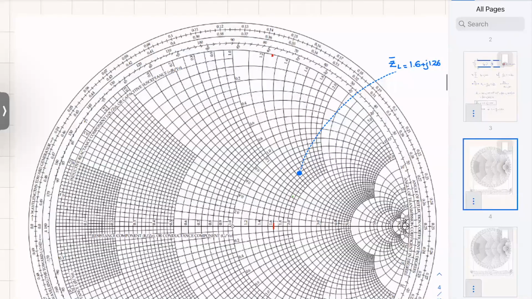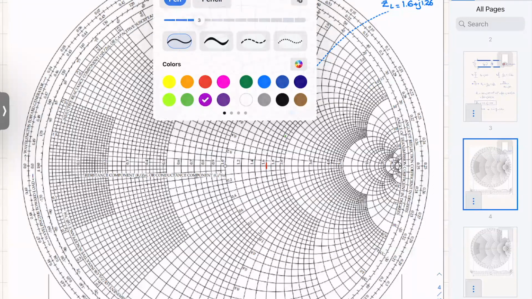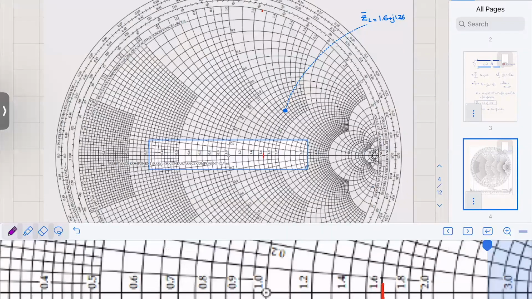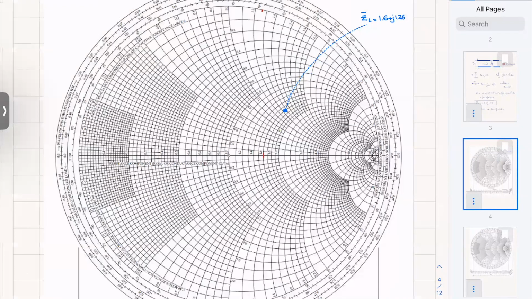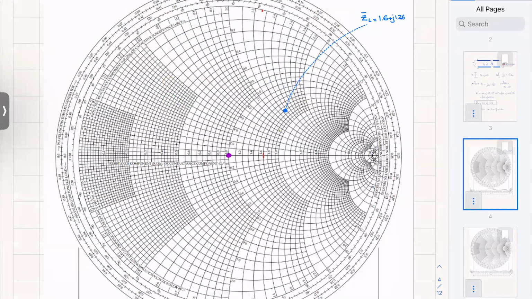What do I do next? Yes, the circle of the transmission line. In fact, that tells you how to move from this point. That circle has the center at the center of the Smith chart, goes around like this. Okay, but it has to go around from the point, but it has to be bigger.